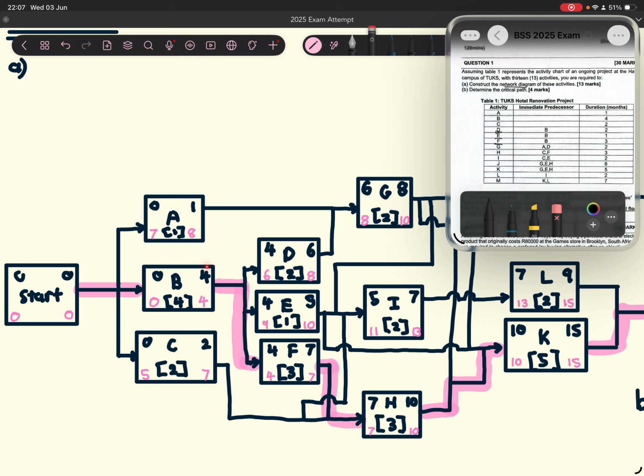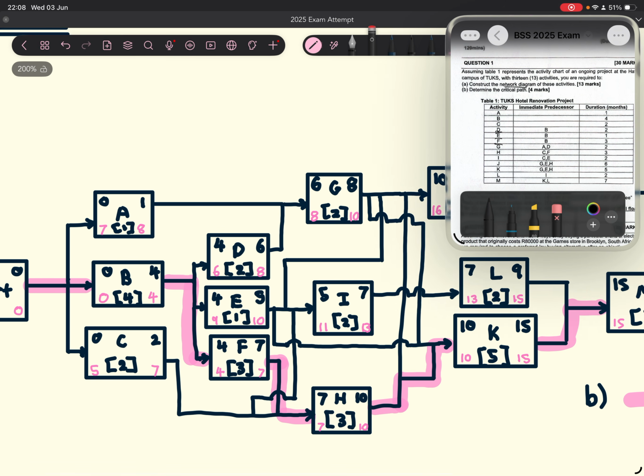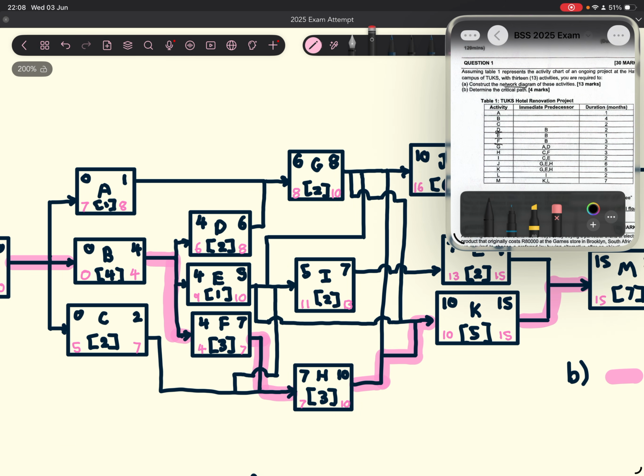So as soon as we complete activity B on the 4th month, we're going to start these next activities, right? And each of them have their own duration, right? So activity D has a duration of 2, then E has a duration of 1, F has a duration of 3. Cool. So we account for those.